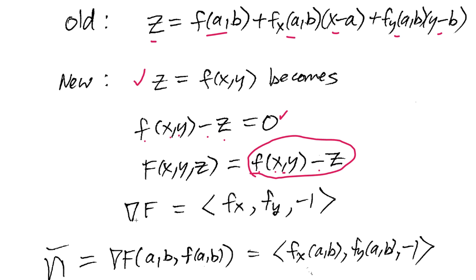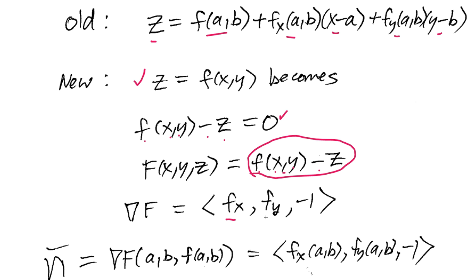Let's see, I would take the gradient of cap F, so I'm going to differentiate this with respect to x, holding y and z constant, since x, y, and z are independent variables. When I differentiate cap F with respect to x, the z differentiates to 0, so I get small f sub x for cap F sub x.